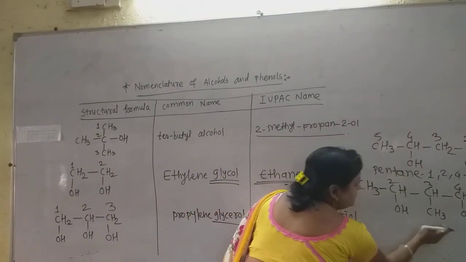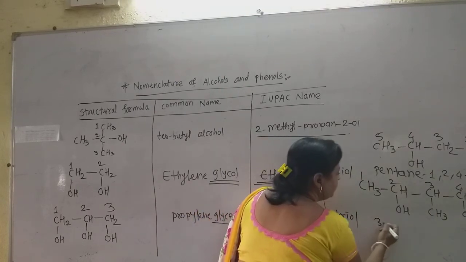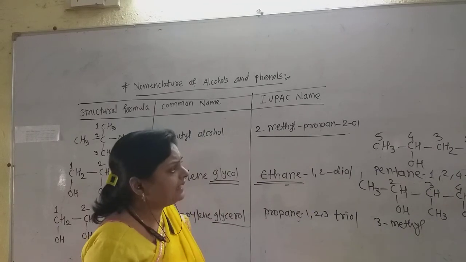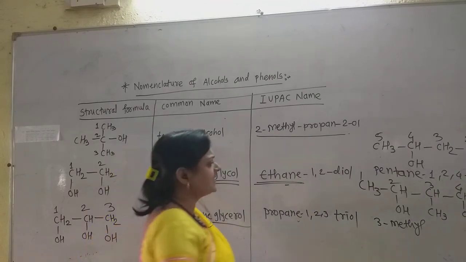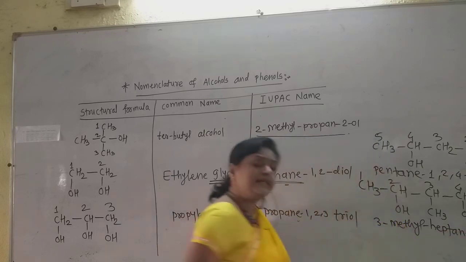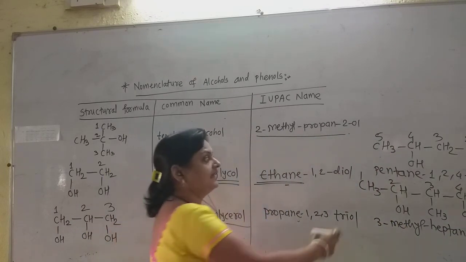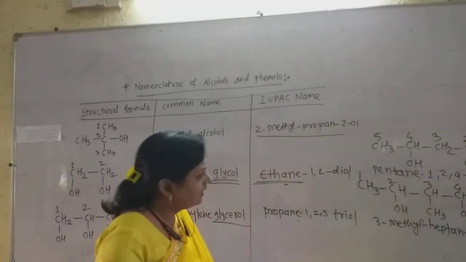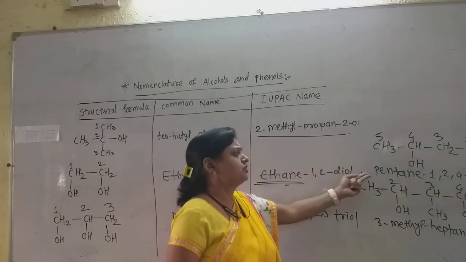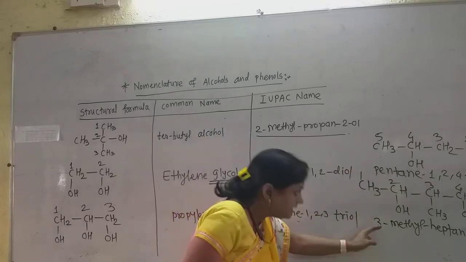So the name of this alcohol is 3-methyl, because the alkyl group is considered first, and as the parent alkane is heptane, so 3-methylheptane. Write down completely the name of the alkane, heptane, as I wrote here the complete name of pentane. Here there is no substituent, so a substituent's name is not there, but here there is the substituent.